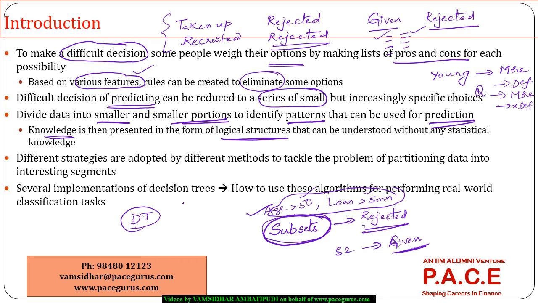But within the decision tree there are n number of methods, and different methods apply different strategies: how to create subsets, how to partition the data. Based on the partition itself, we will try to understand the characteristics of the subset.